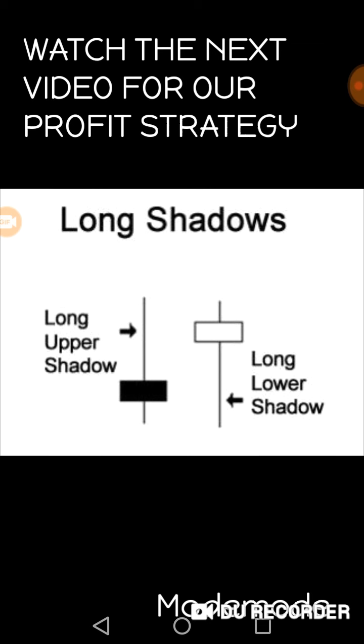When we see these kinds, it shows that price has been rejected. So be it a bearish or bullish movement, price rejection. So here we are seeing long shadows showing a great rejection.